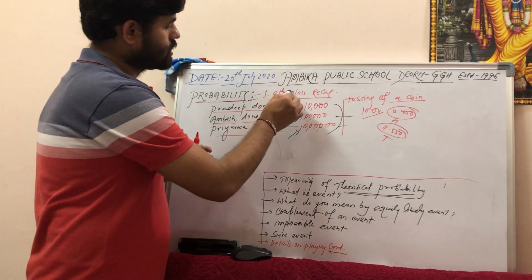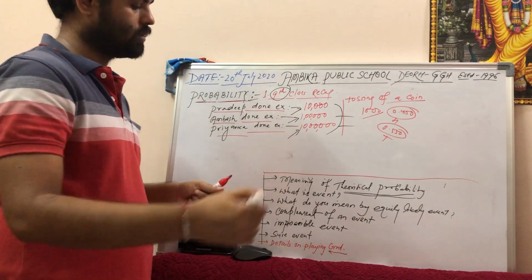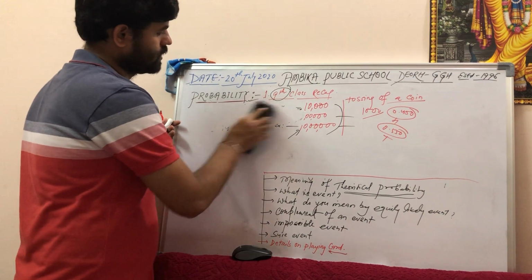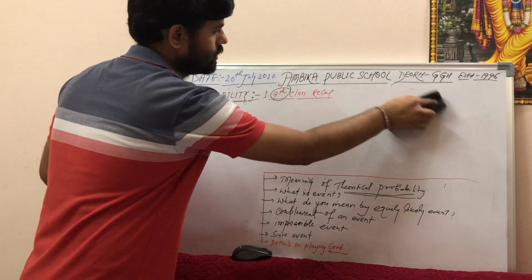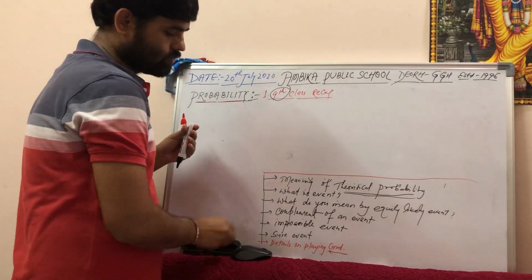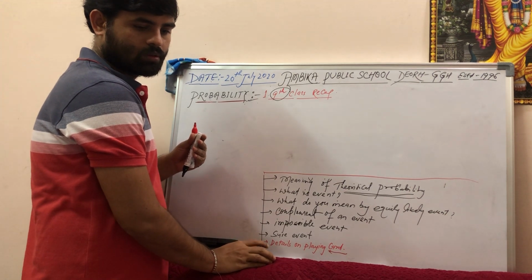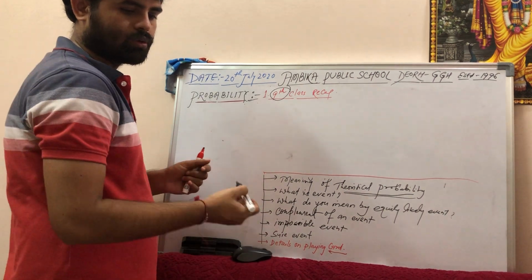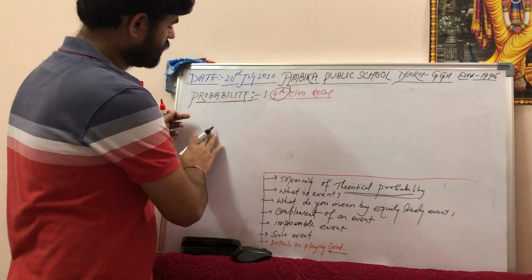Ninth class was completely on the experimental probability. In the experimental probability, we found the probability by the use of a formula. If you have remembered, what was the formula for ninth class, for the probability of the experiment?